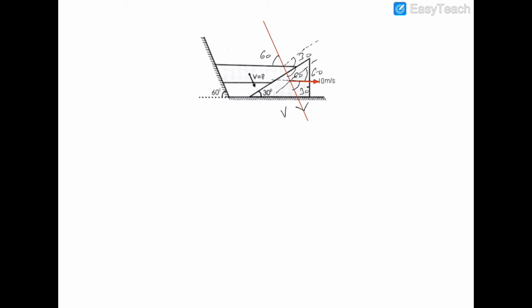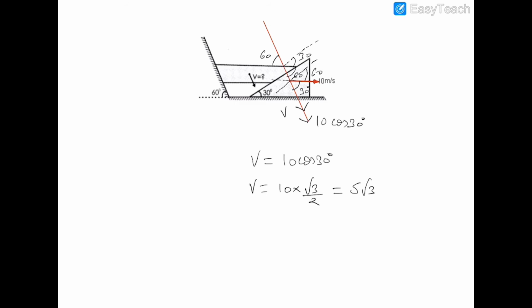So the component of velocity of the wedge along this normal is 10 cos 30. So V will be equal to 10 cos 30, which is root 3 by 2, so V will be equal to 5 root 3. This will be the direction of velocity, and this will be the value of V, the velocity of the rod.